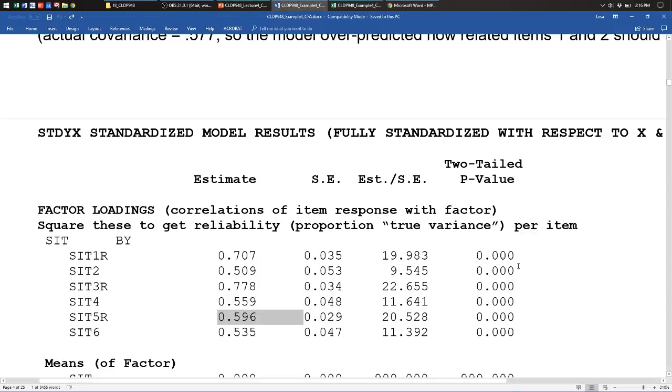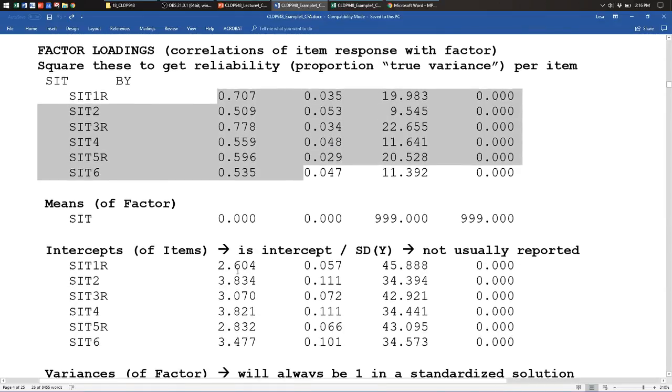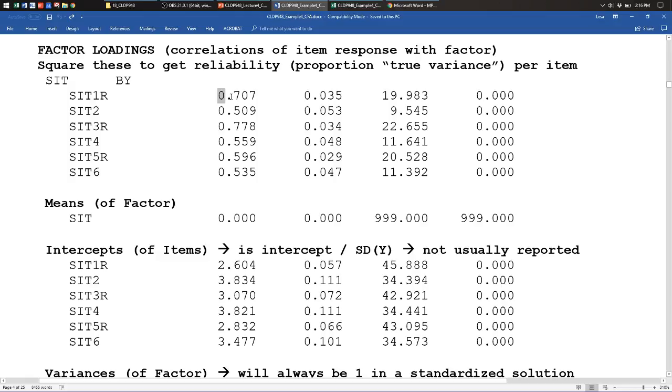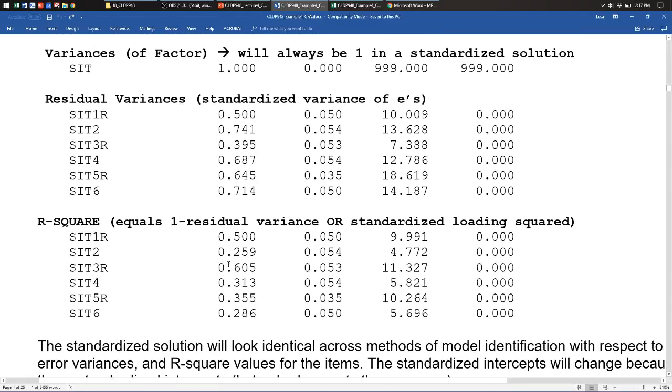All of these, mind you, are significant. These are your effect sizes from this type of analysis. So if this is R, a correlation between the item and the factor, R squared is down here.